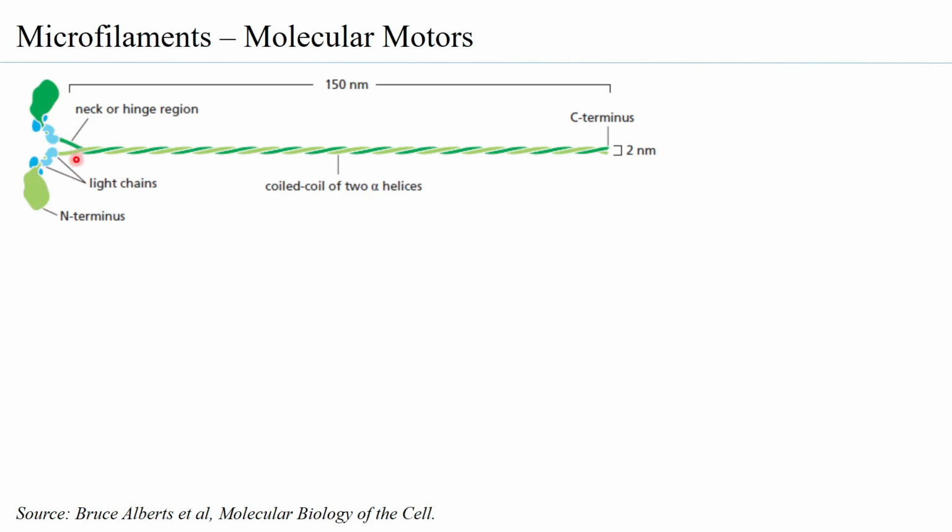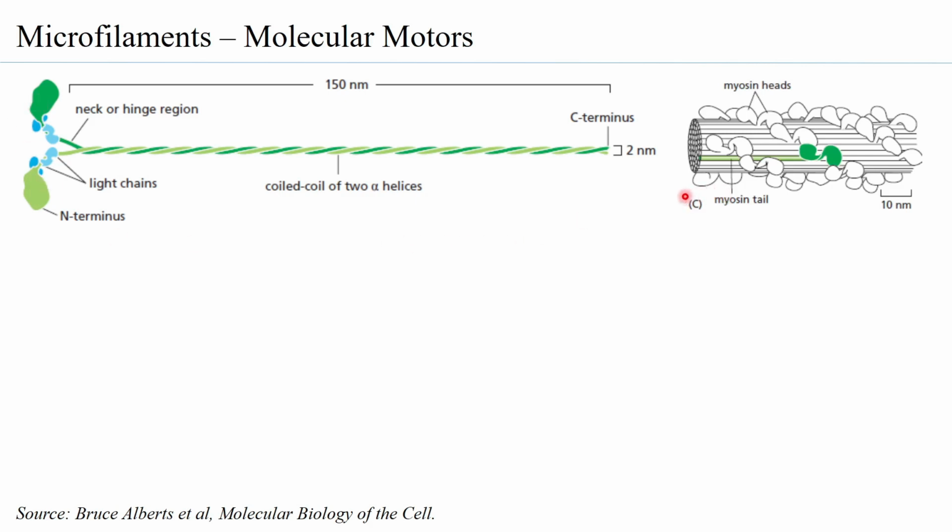At the neck and hinge region are several light chains. These light chains get phosphorylated, and on getting phosphorylated there is a change in conformation which activates the ATPase activity of the motor domain of the myosin. So effectively, it can bind to ATP, hydrolyze ATP and carry out motor activity.